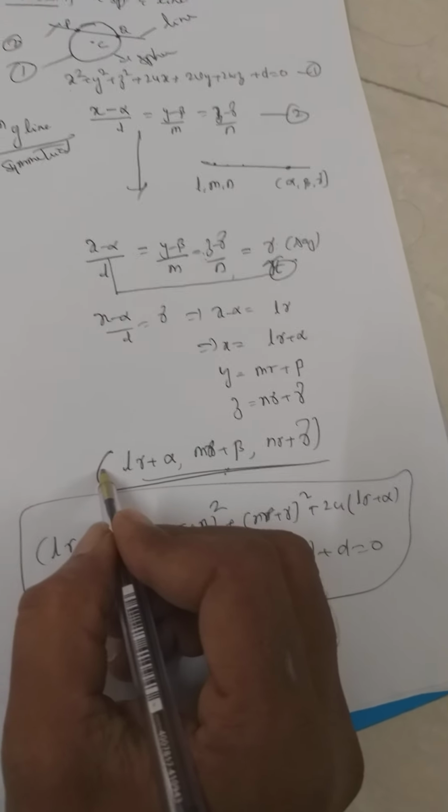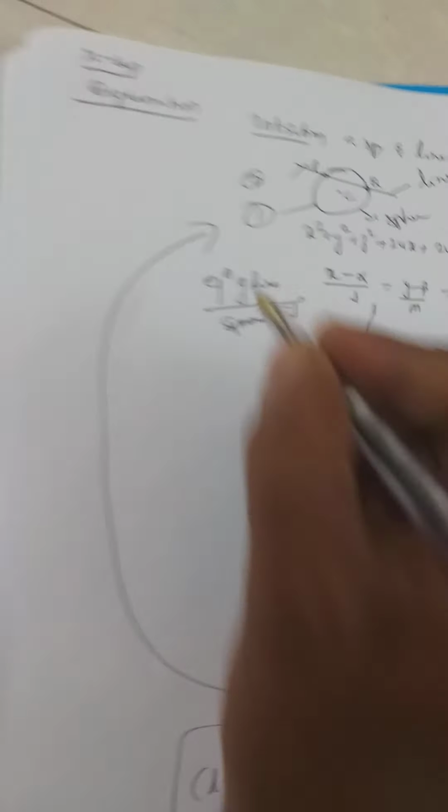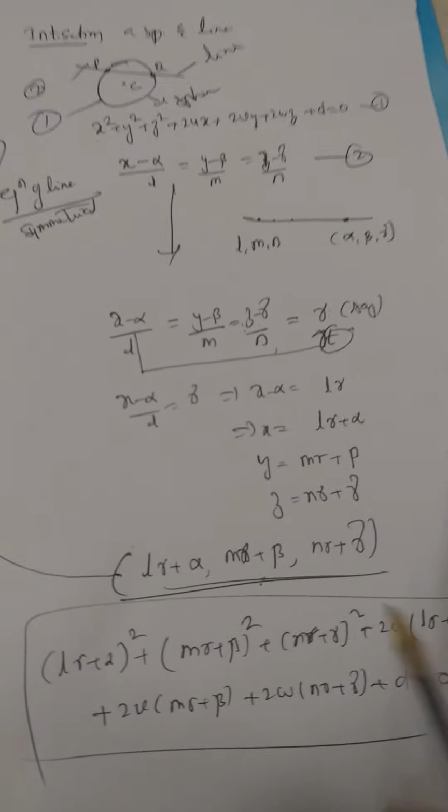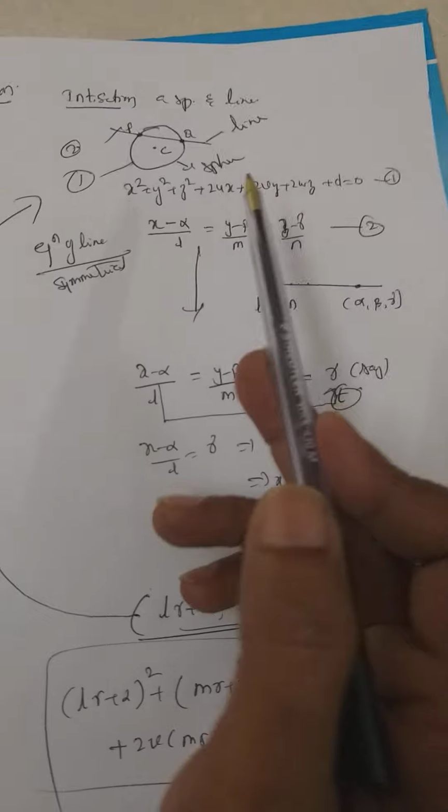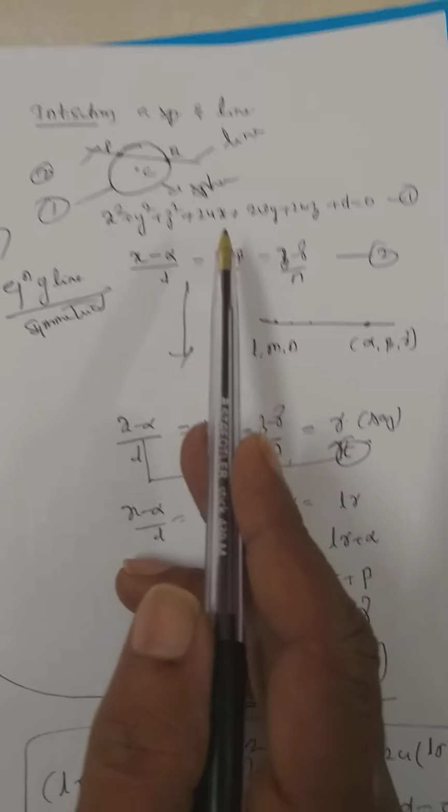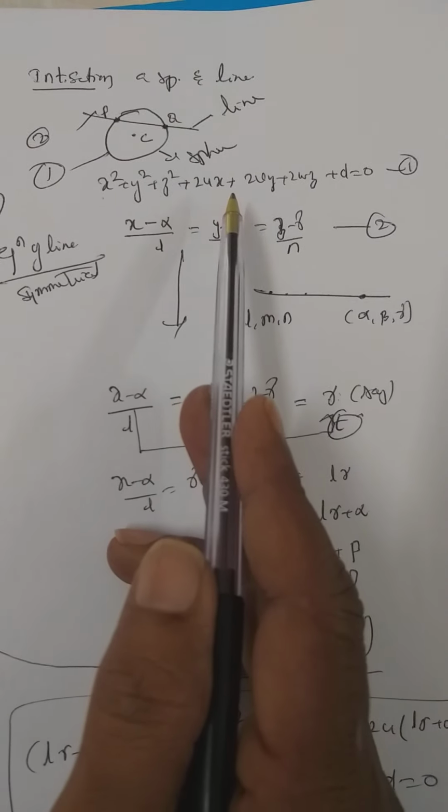We are substituting this point in equation number 1 because this point lies on the sphere. Therefore, this point satisfies this equation.